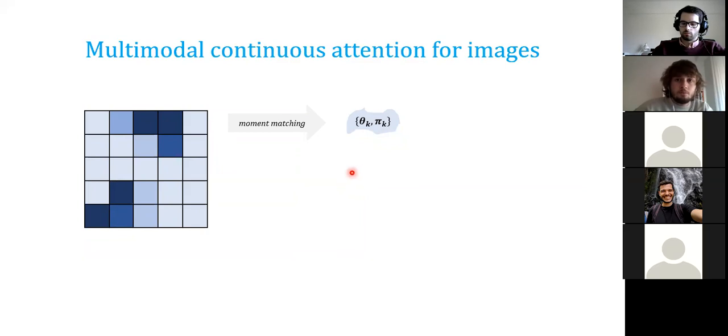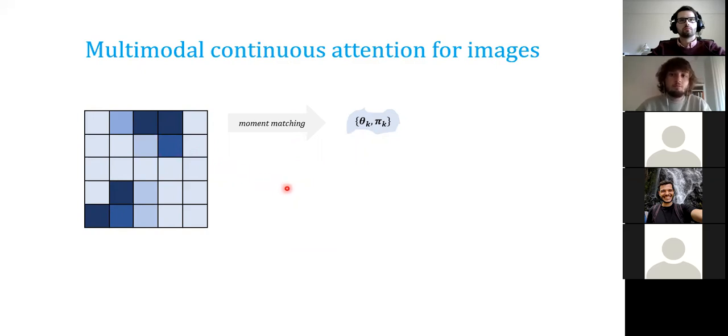So to choose the mixing coefficients and the means and covariance matrices of each component, we start from a set of observed image locations with their importance weights. And intuitively, the higher the importance weights, the more important the contribution of that specific region to the network's decision.